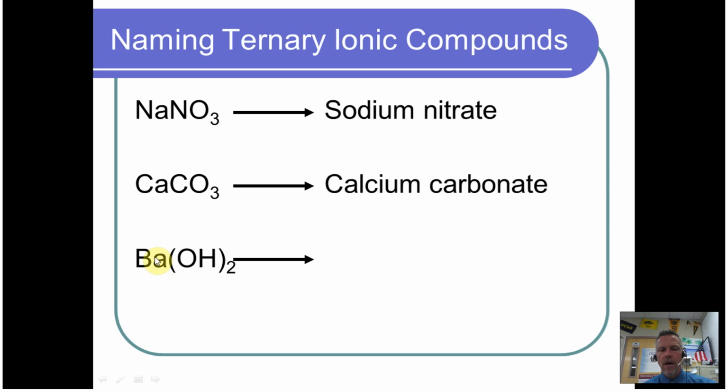Finally, we have Ba(OH)2. So Ba stands for barium, and this is the hydroxide ion, and so we name it barium hydroxide. Again, notice it doesn't matter that there are two of these. That's because with ionic compounds, you need to apply a little logic. You have to know, for example, that barium is +2, and that hydroxide is -1.